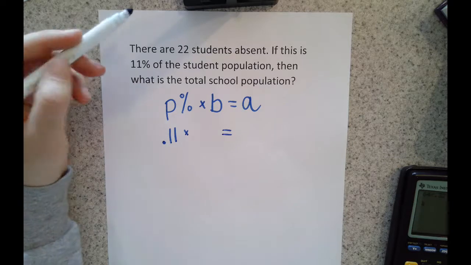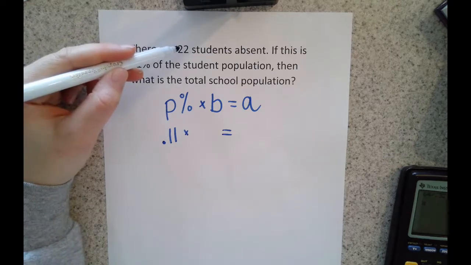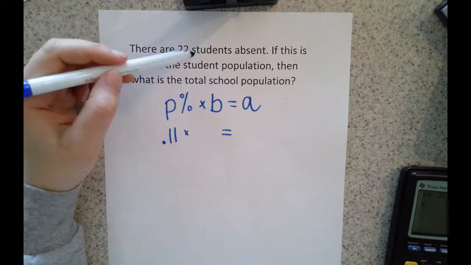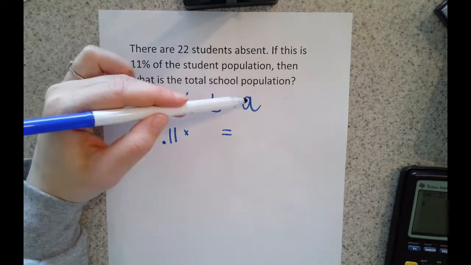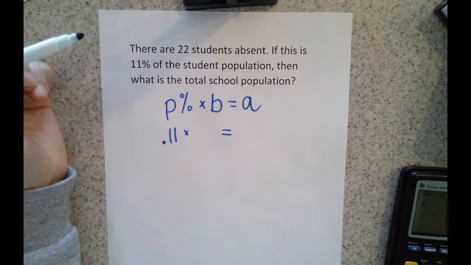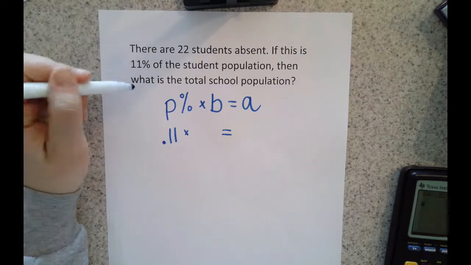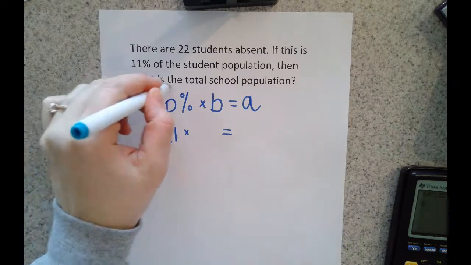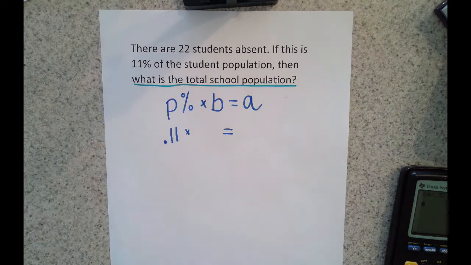The other number I'm given in my problem is a 22, and I'm wondering, wait, does 22 get plugged in for base, or does 22 get plugged in for part? Let's read the problem carefully. The final question is, what is the total school population? That's our unknown. How many kids are in the school total?